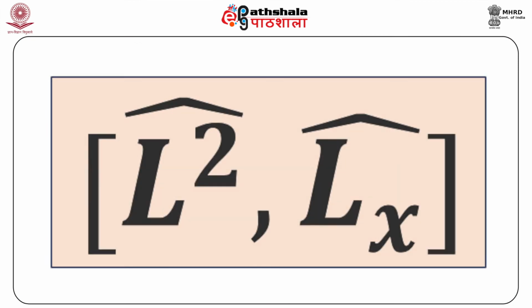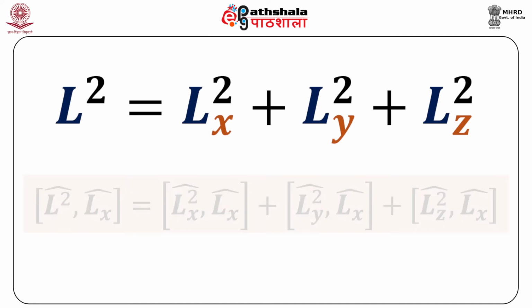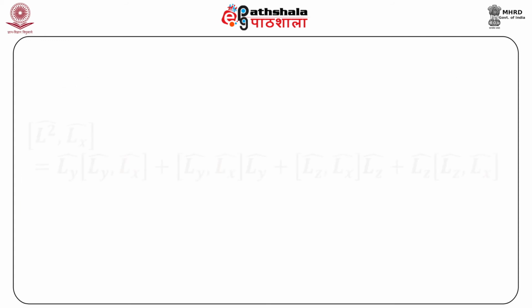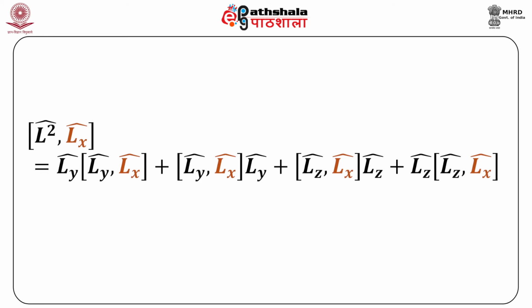On substituting the value of L², we get the commutation relation as the sum of the commutators [Lx², Lx] + [Ly², Lx] + [Lz², Lx]. Now this on simplification gives Ly[Ly, Lx] + [Ly, Lx]Ly + Lz[Lz, Lx] + [Lz, Lx]Lz.